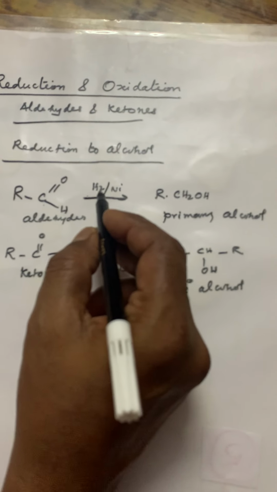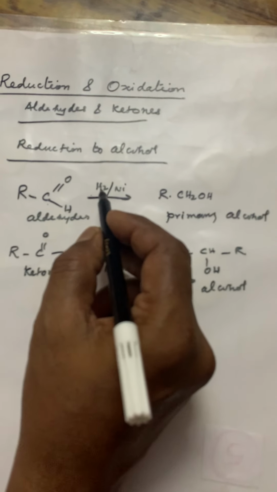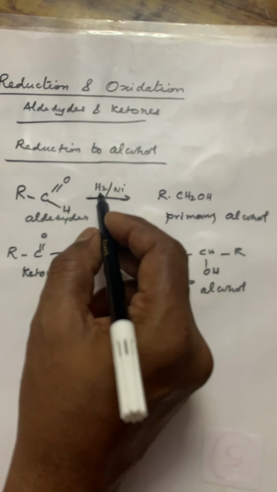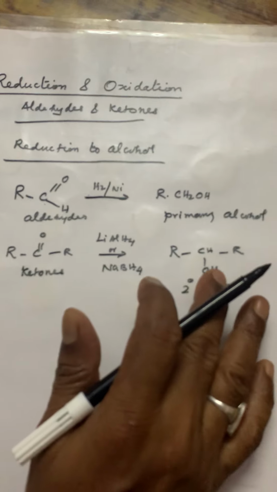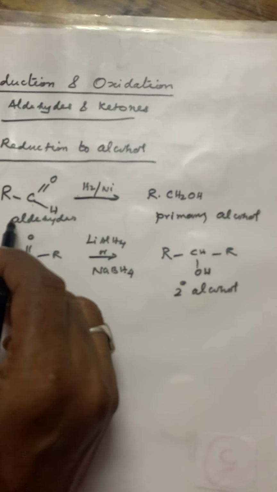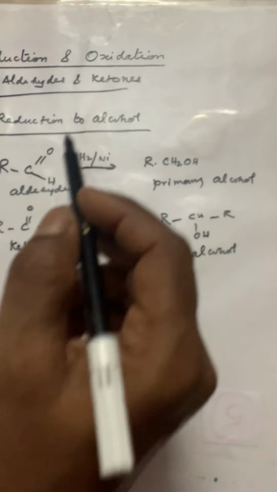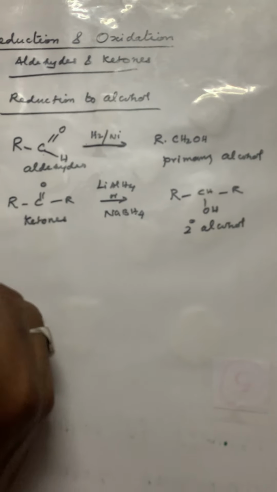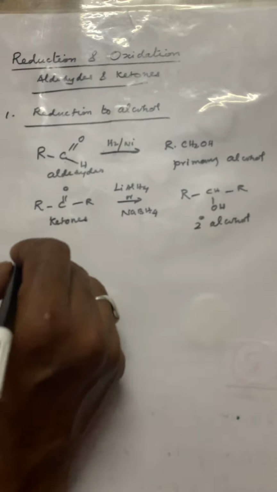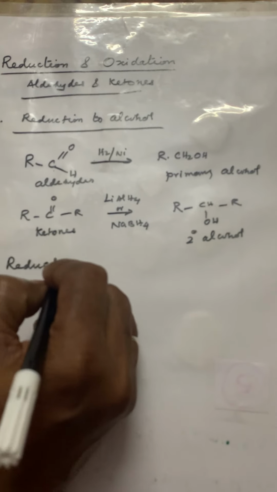So in presence of hydrogen nickel, they are easily converted into 1 degree alcohol. These two reactions undergo reduction to give alcohol.